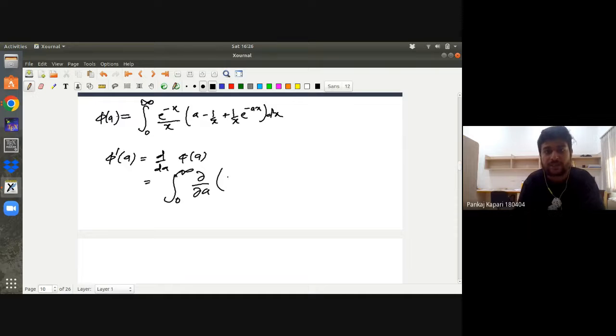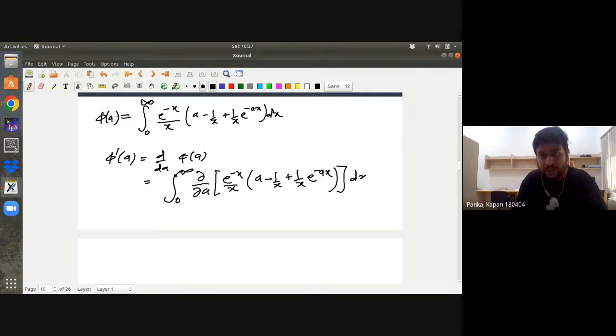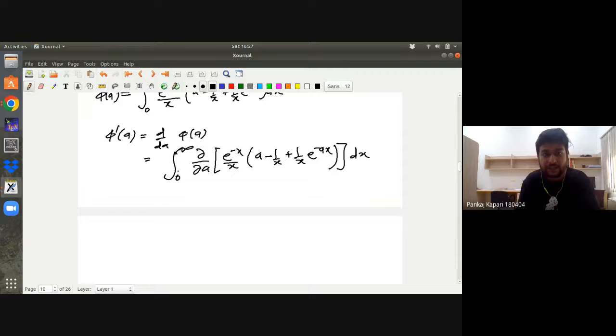So we can take this derivative sign inside, and it becomes a partial derivative because there are two variables. This is the Leibniz rule. It says that we can take this derivative inside the integral.